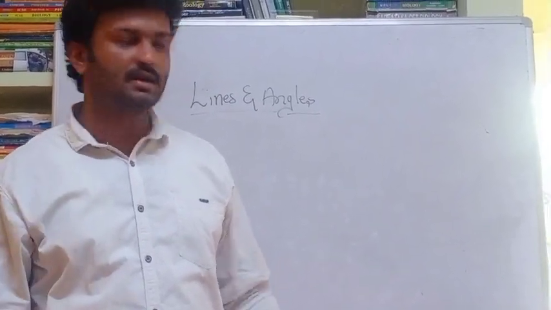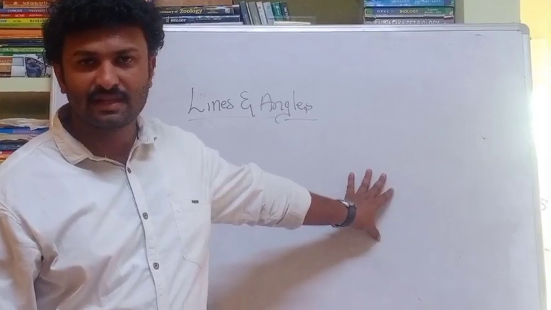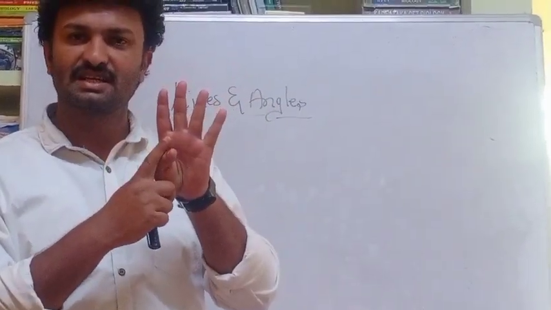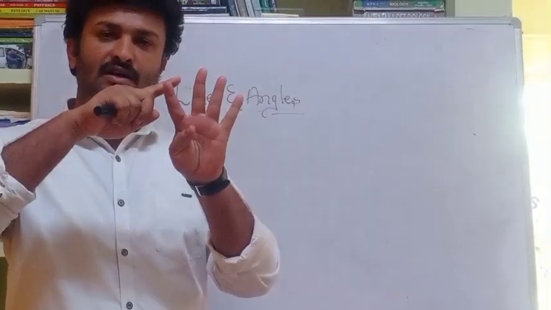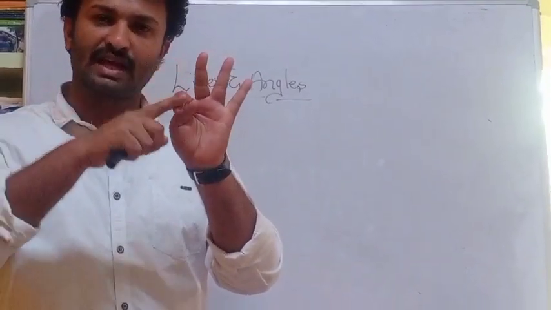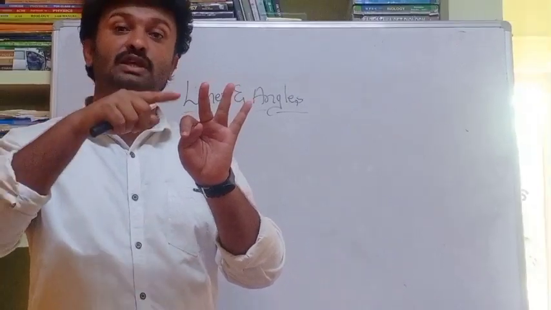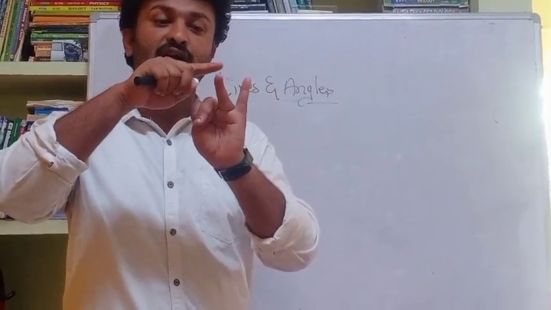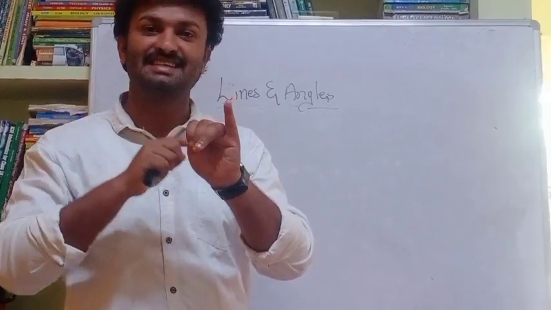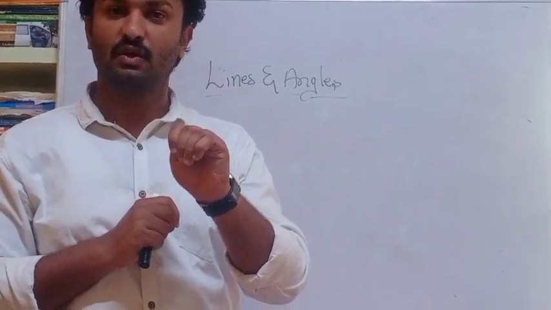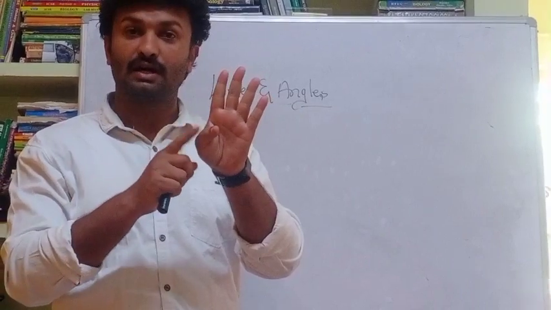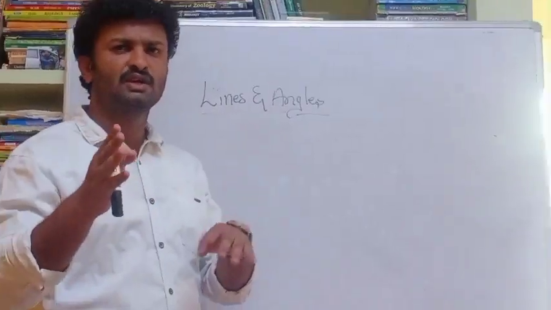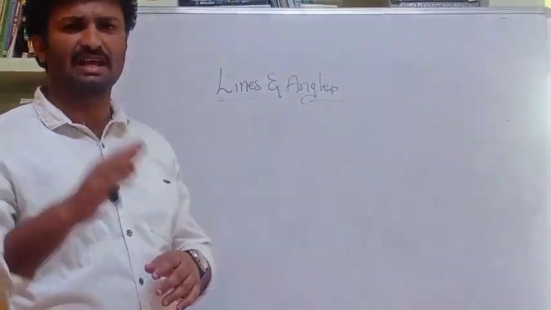Please do one thing before starting the class: recall the types of angles and the definitions of corresponding angles, vertically opposite angles, complementary angles, supplementary angles, and what alternate interior angles are. I think you remember the definitions of types of angles.